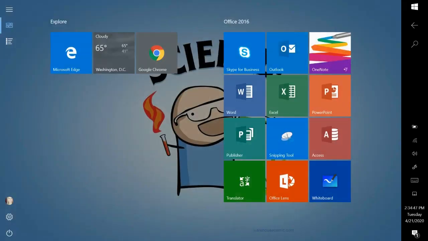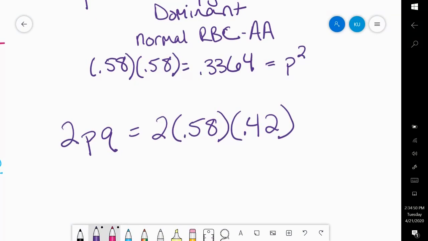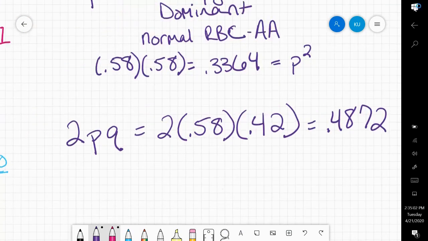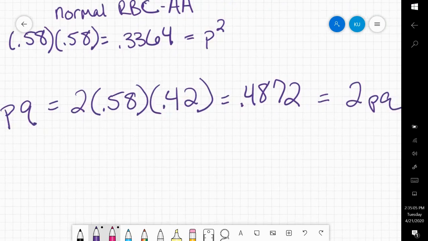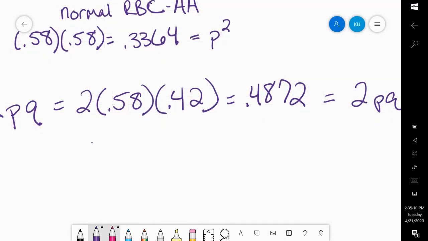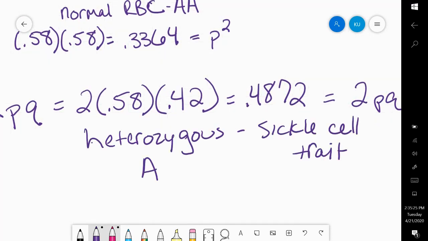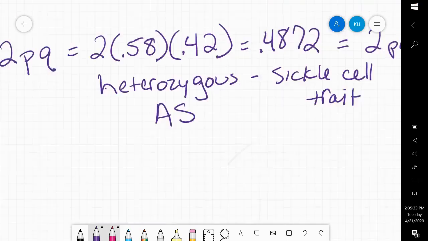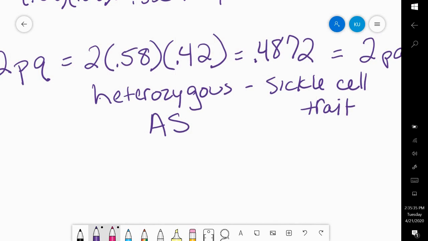Okay, bring that over. Which would equal 2PQ, which is the heterozygous form. So, again, this was almost 49% of the population with sickle cell trait in the numbers that I made up.